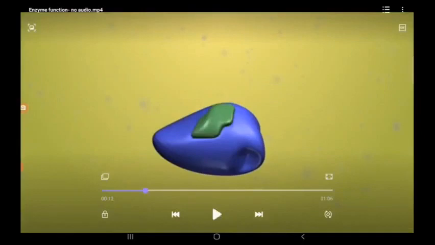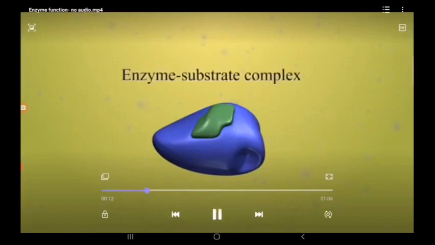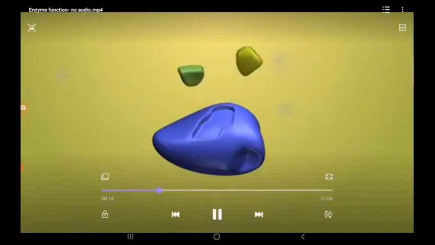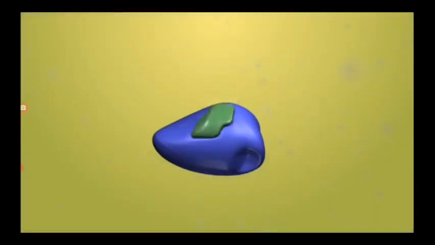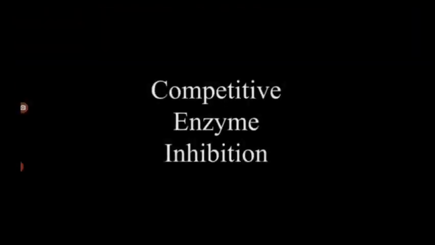You can see the substrate is binding with the active site, and there is some other site present on the enzyme known as the allosteric site. You can see it in this enzyme structure. Thus the enzyme substrate complex is formed, and then the substrate is broken down into the product, and the enzyme is now ready to bind with another substrate.